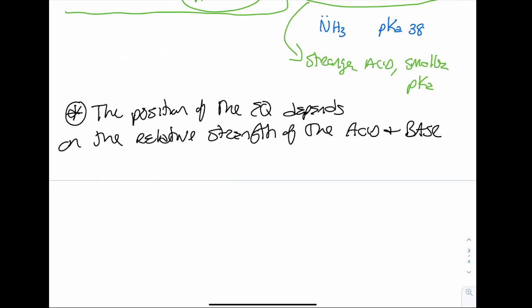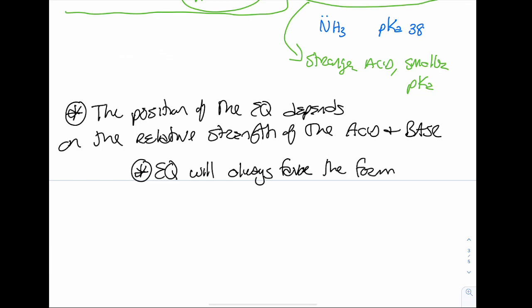So equilibrium will always favor the formation of the weaker acid or base.